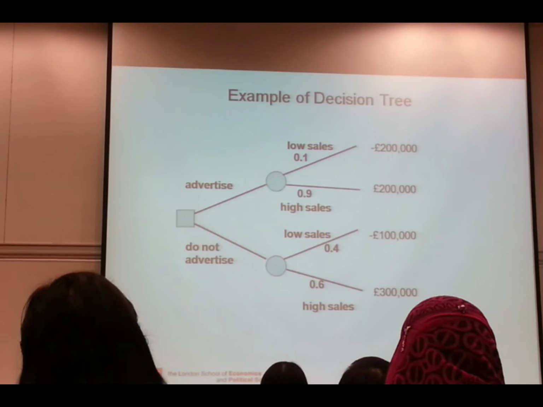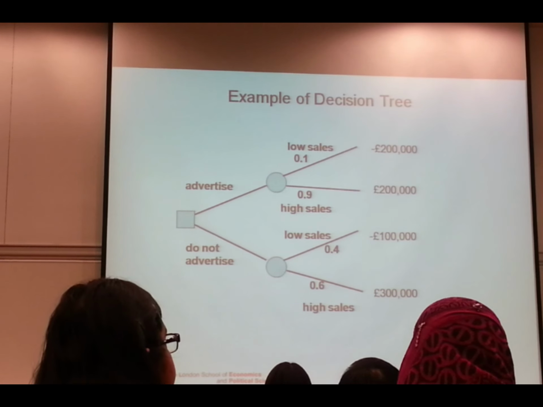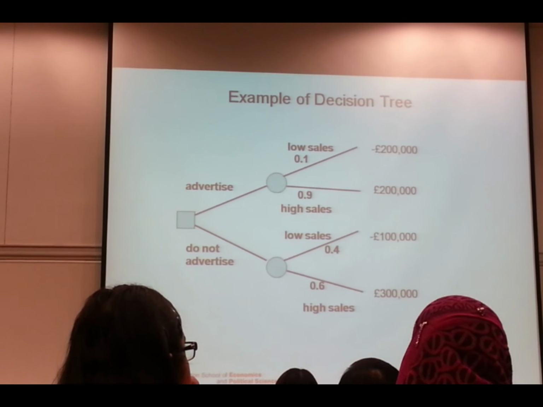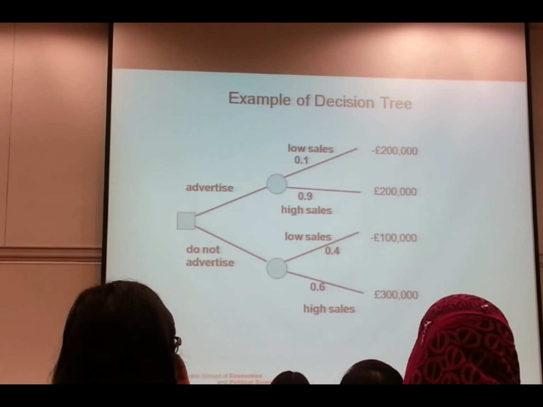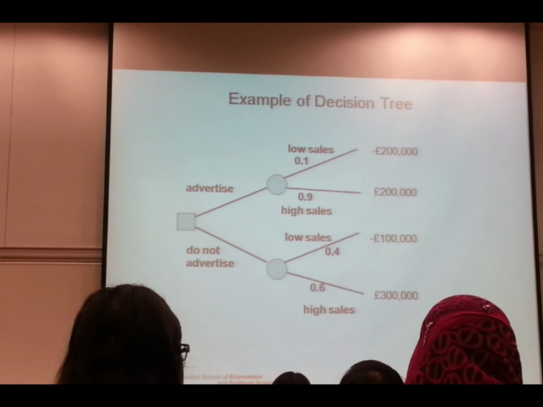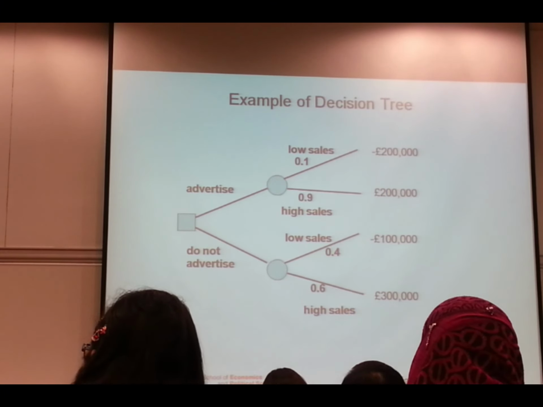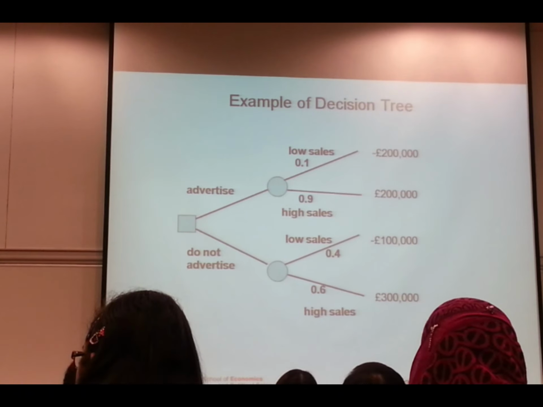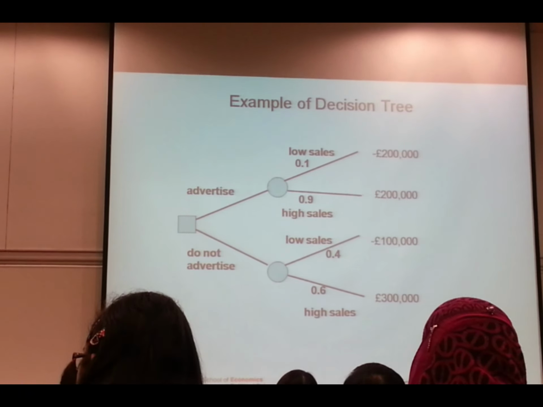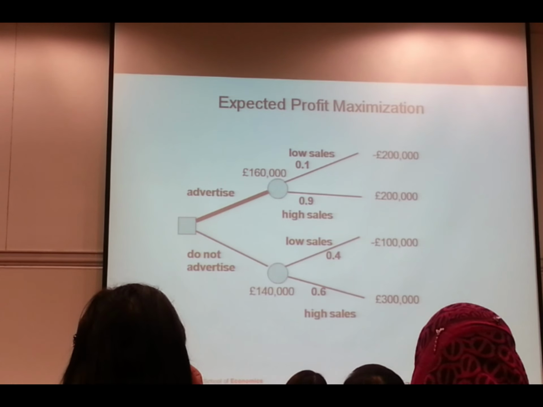Minus 0.4 times 100,000, because we're losing 100,000 with 40% probability, so that's minus 40. Meaning that if you don't advertise, your expected profits are going to be £140,000. Advertising, on the other hand, gives you high sales with 90%, and so 0.9 times 200 is 180 again. But 0.1 times minus 200 is minus 20 only, so that means that advertising gives you an expected profit of 160,000.